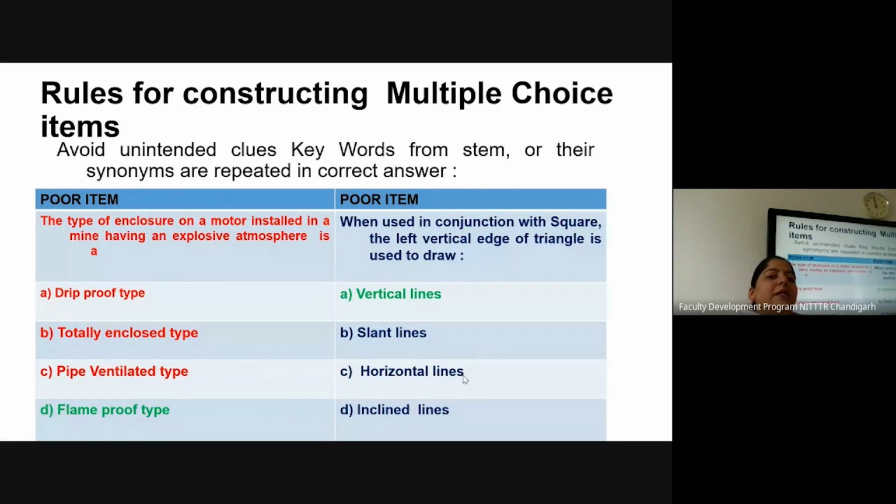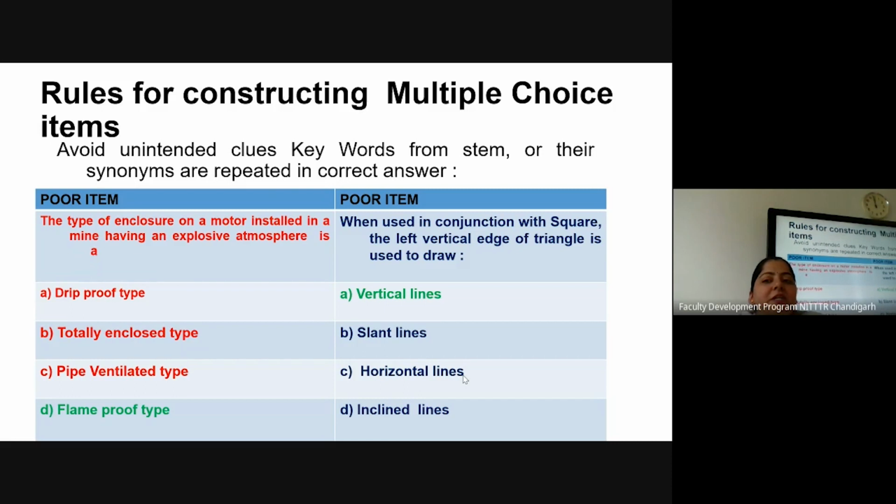Avoid unintended clues, such as keywords from the stem or their synonyms being repeated in the correct answer. For example, "The type of enclosure on a motor installed in a mine having an explosive atmosphere." When you say explosive, the direct hint is flame proof type. So we need not give this kind of statement in a multiple choice item. Change the nature of the statement.